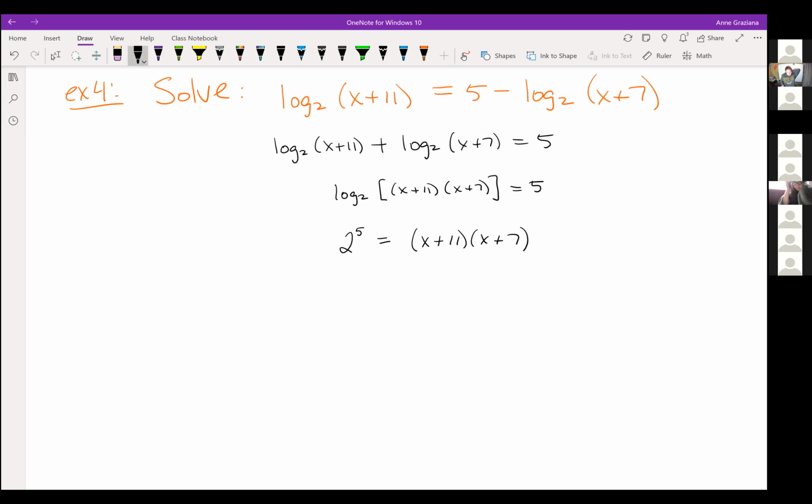Okay, I had the first 3 steps up there. Getting logs on one side, condensing to one log, and then using the definition to get rid of the log.